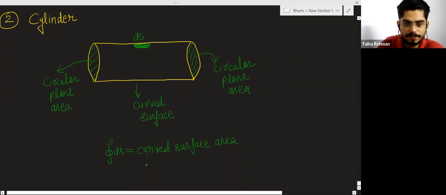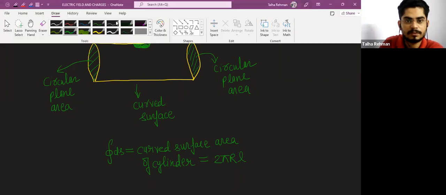Curved surface area of the cylinder is equal to 2 pi r l. r is the radius of the cylinder, l is the length of the cylinder.